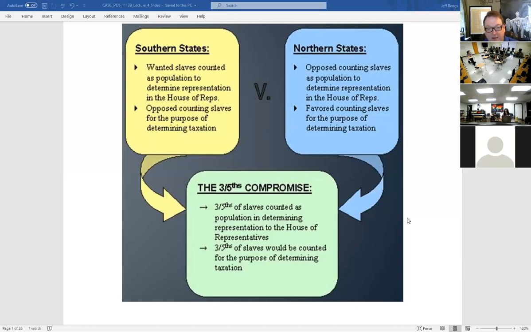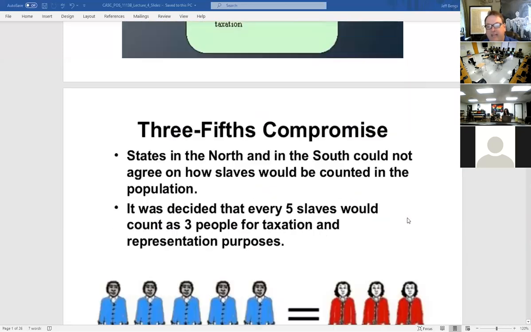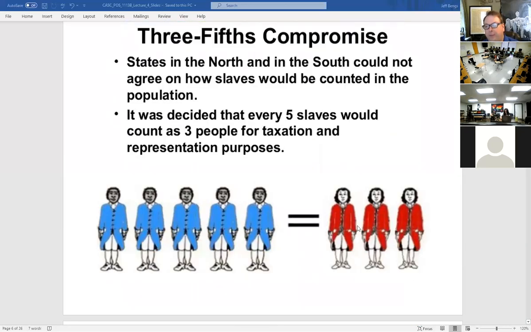The 3/5 compromise, as you can see there, said that one slave will only count as 3/5 of a person. So basically, 5 slaves equaled 3 people.